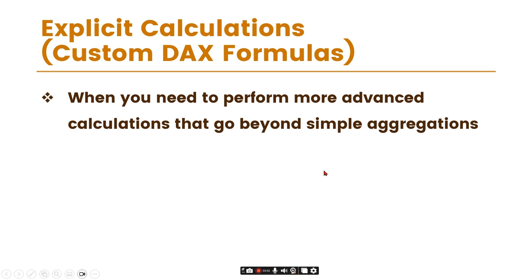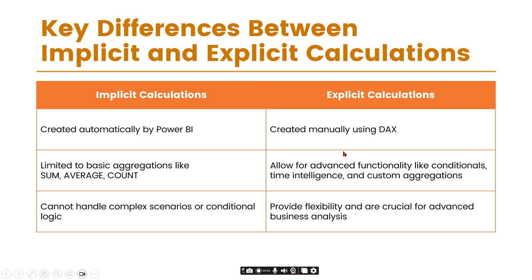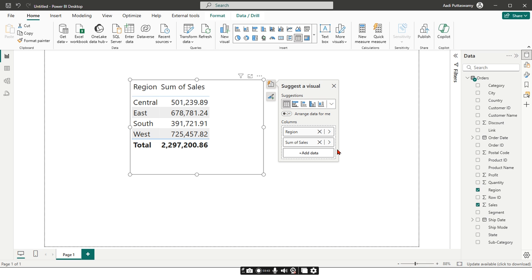When you need to perform more advanced calculations that go beyond simple aggregations, we can also create these explicit calculations. Let's see one example of how we can create an explicit calculation.